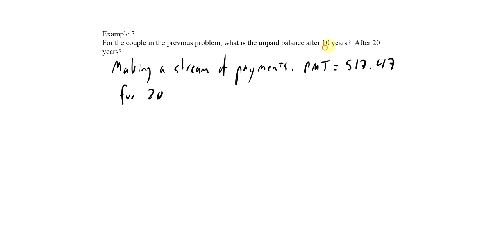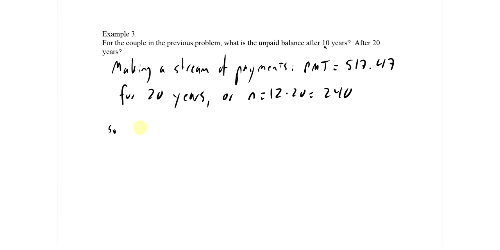Well, after 10 years, they have 20 years left. So they're making 240 payments. So, how much could you borrow if you were making payments of this size for that long with I equals 0.02 divided by 12? So we're really thinking about how much could you afford to borrow to cover the house if this was your payments and this was the number of payments you had to make.